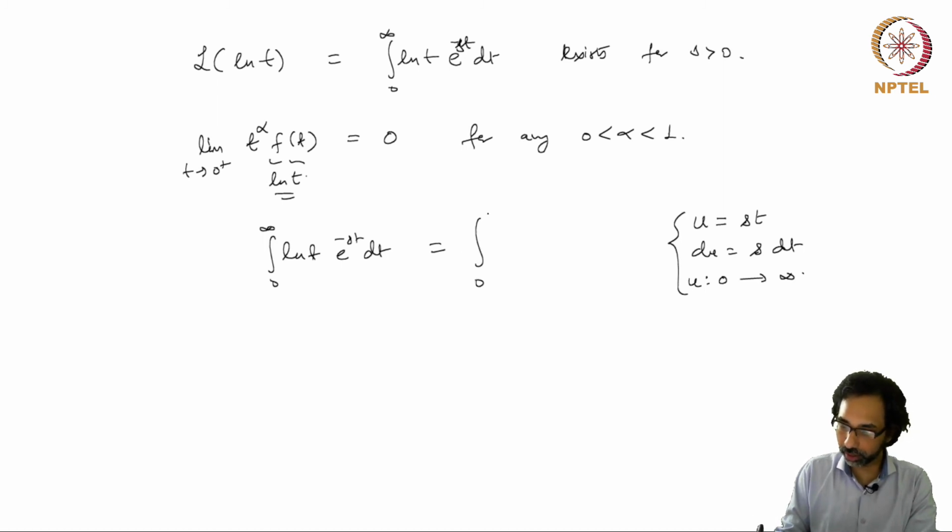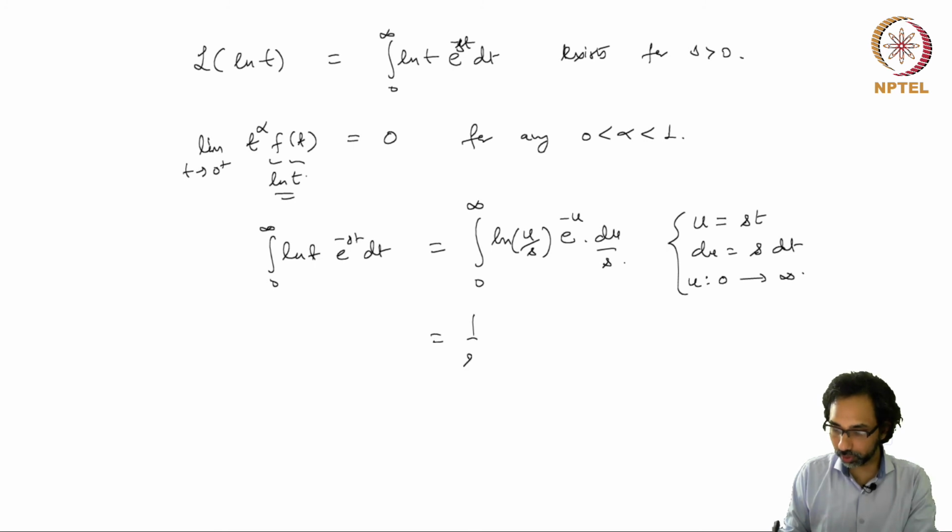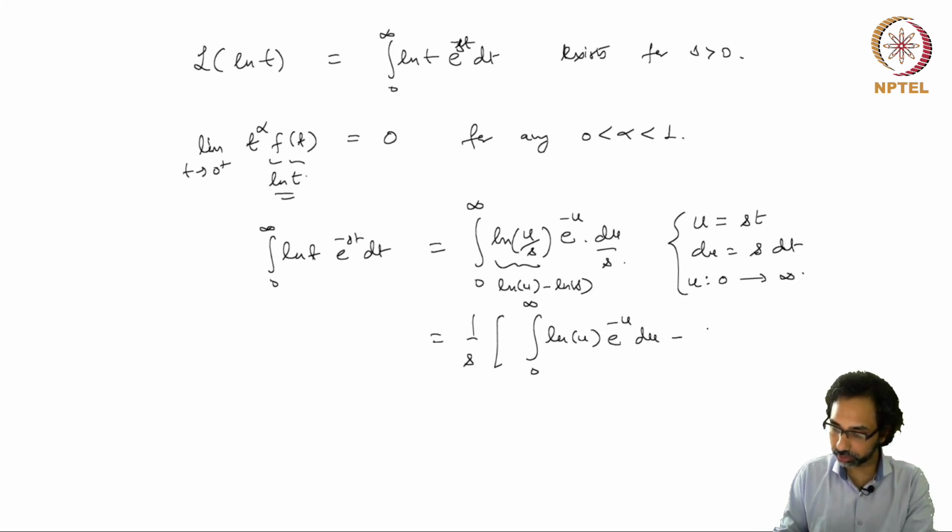So we will get the integral from 0 to infinity of ln of u by s, e to the power minus u, and then you have du over s. So 1 over s comes out, and you can write this as ln u minus ln s. So this is the integral from 0 to infinity of ln u e to the power minus u du minus the integral from 0 to infinity of ln s e to the power minus u du.